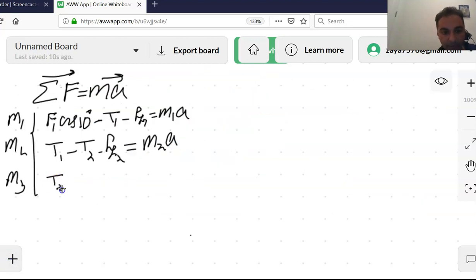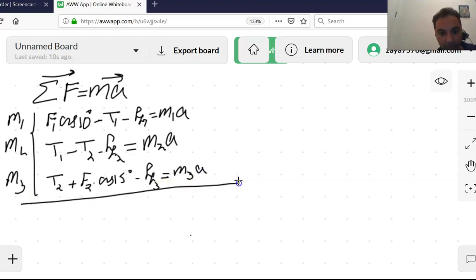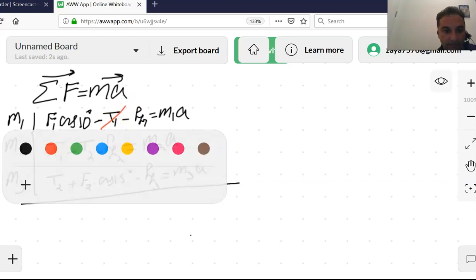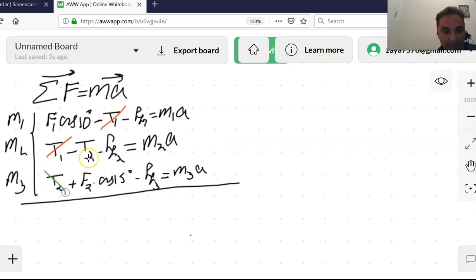So T2 plus F2 cosine of 15 minus FF3 equal m3a. Now watch it. This T1 with this T1, see you later. This T2 with this T2, gone. So my equations are correct.